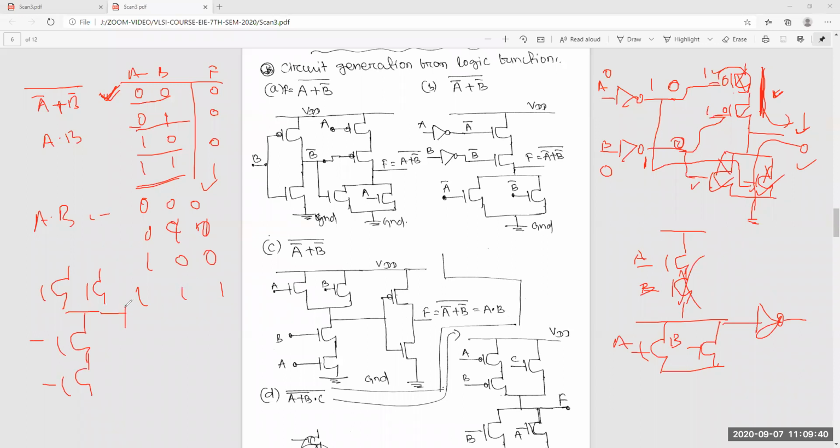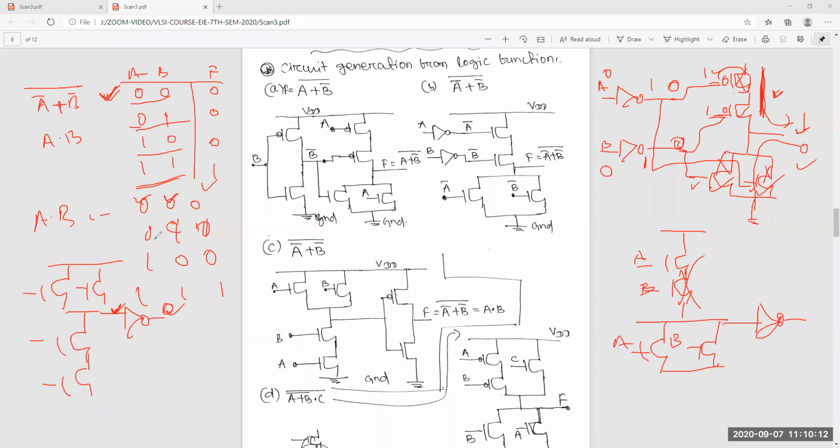So here, one inverter. When both are 0, both being 0 means this will be on. That means it's VDD, so you will get 1 here, and the output will be 0.